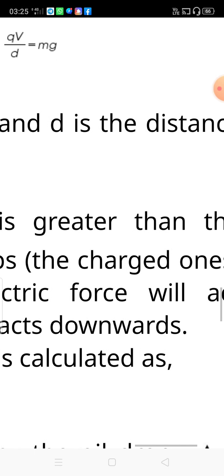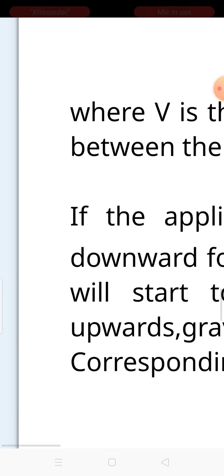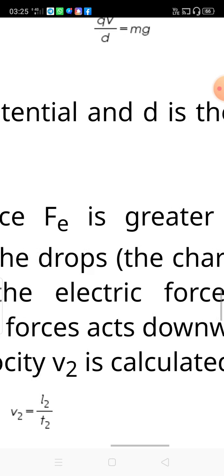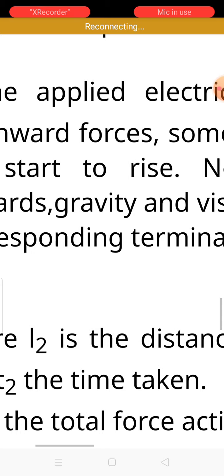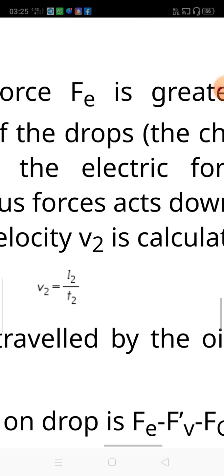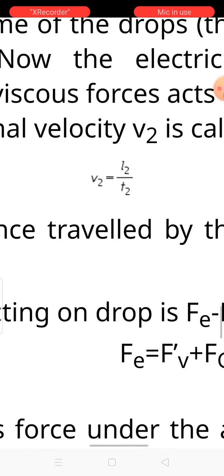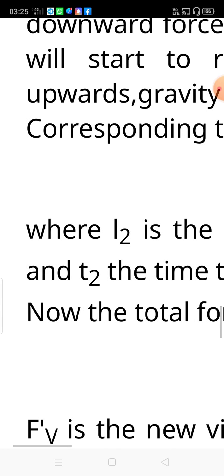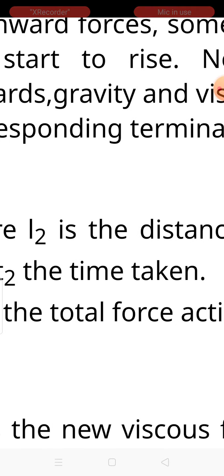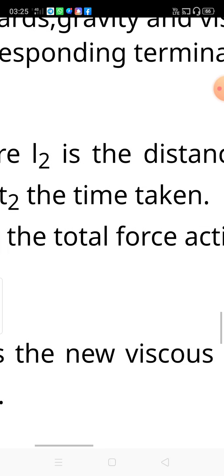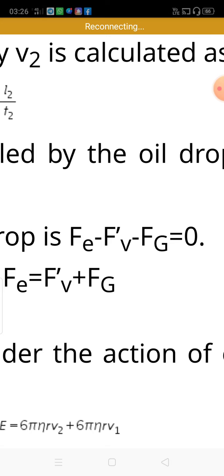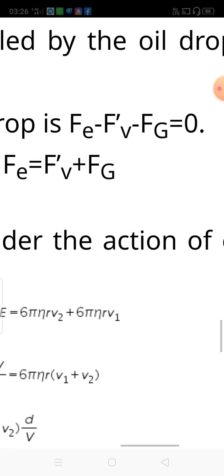Now the electric force acts upwards, and gravity and viscous force act downwards. The corresponding terminal velocity v2 is calculated as v2 = l2/t2, where l2 is the distance traveled by the oil drop in time t2 seconds, and now the total force acting on the drop gives Fe − F'b − Fg = 0, or Fe = F'b + Fg.